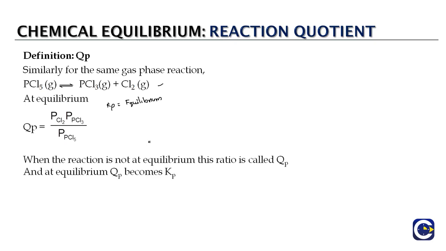Now if we are not at the equilibrium stage, we will refer to that particular ratio as Qp. If we already are at equilibrium, then we know that Qp value will be equal to the equilibrium constant Kp. So this is about the two kinds of reaction quotients which are defined on the basis of the ratio of product concentrations to the reactant concentrations, or the ratio of the product partial pressures to the reactant partial pressures, just like the equilibrium constants Kc and Kp.